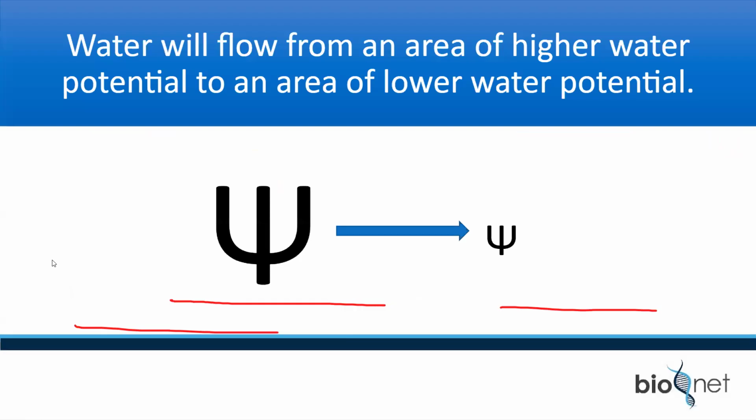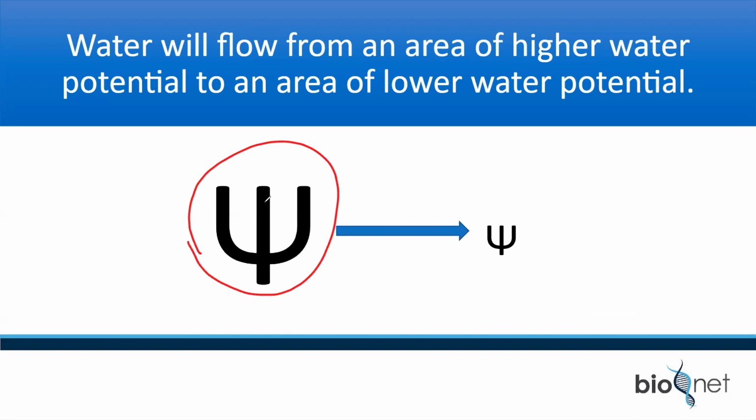Well, first, maybe here's one way to picture this. Water will move from the larger water potential towards the smaller water potential. Or in this case, if we use that definition, this is a more negative water potential and this is a more positive water potential. Water will move towards the more negative water potential.